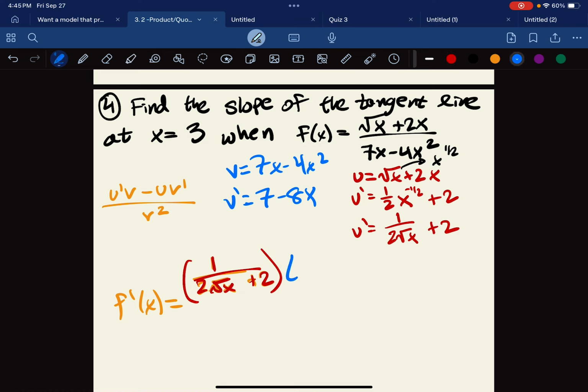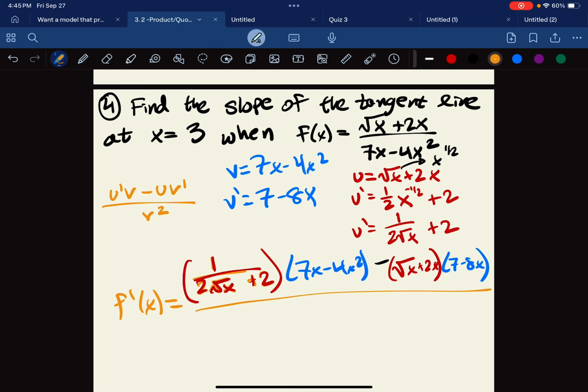Our v is just 7x minus 4x squared, minus our u. Our u is just square root x plus 2x, and then times our v prime, which is just 7 minus 8x. And then that's all divided by v squared, so just our denominator squared. So that is 7x minus 4x squared, and we just square it, leave it like that.